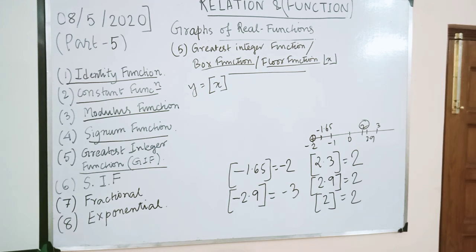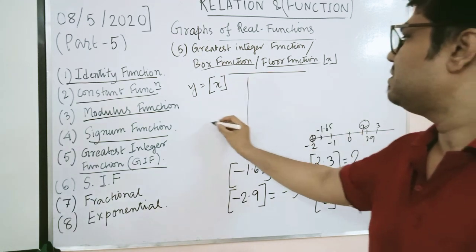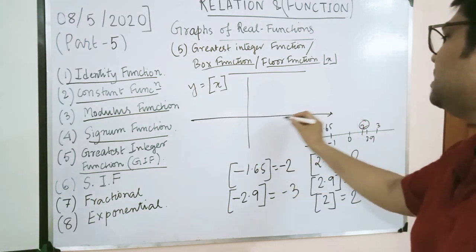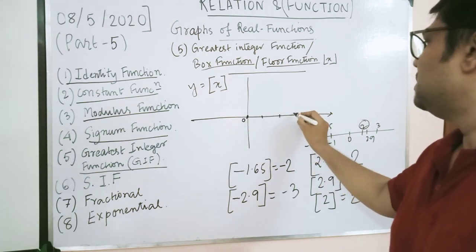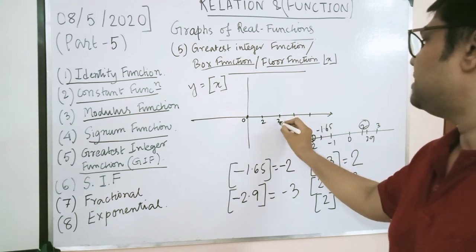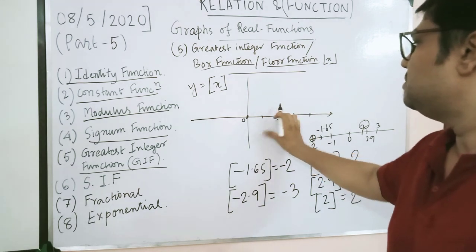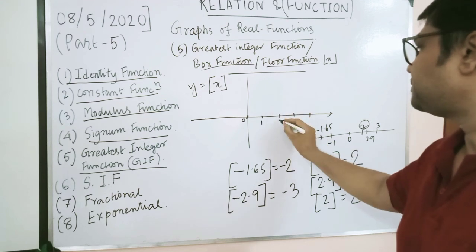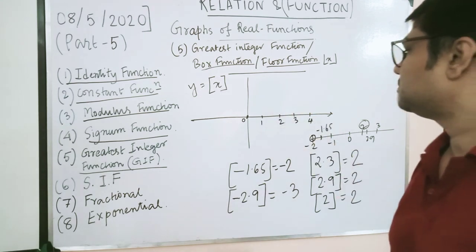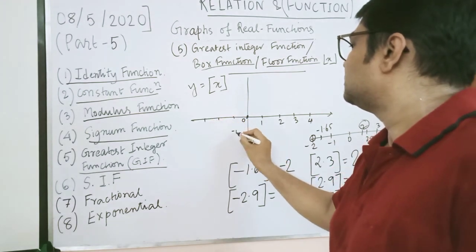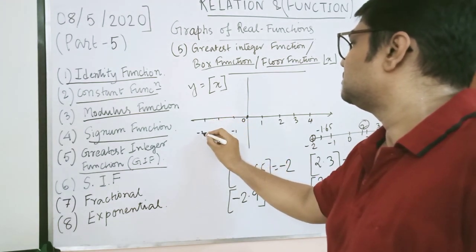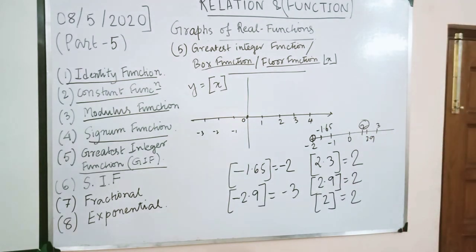Now the graph is a step-like graph. You can see the book also, it will be better visible in the book. I'll try to draw. This is 1, 2, 3 and so on. Okay, so from 0 to 1 what happens?